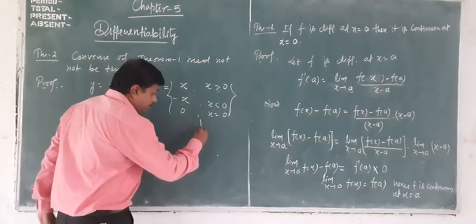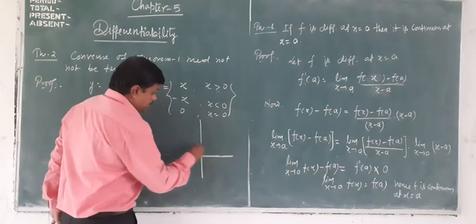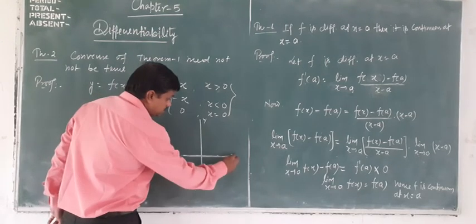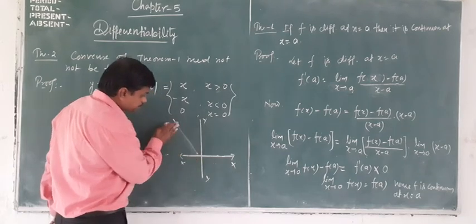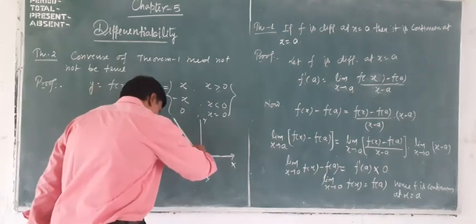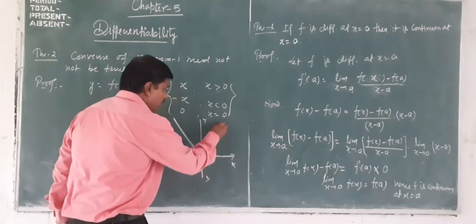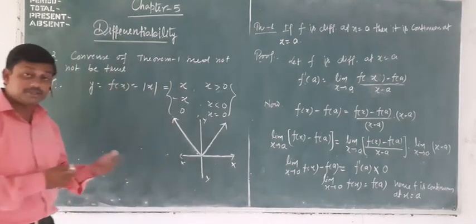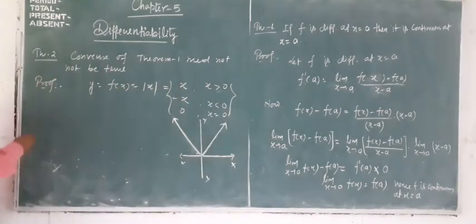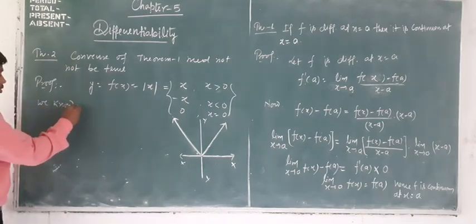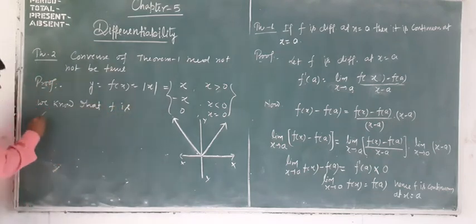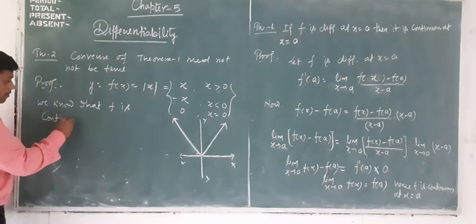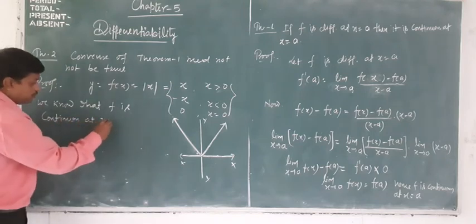By the graph it is clear: this is the y axis, this is the x axis, and this is the graph of the modulus function, and that is continuous. So we know that f is continuous at x equal to 0.